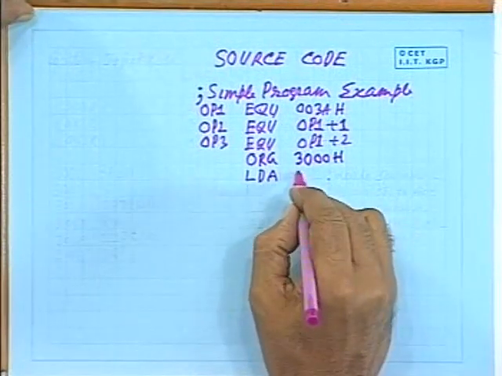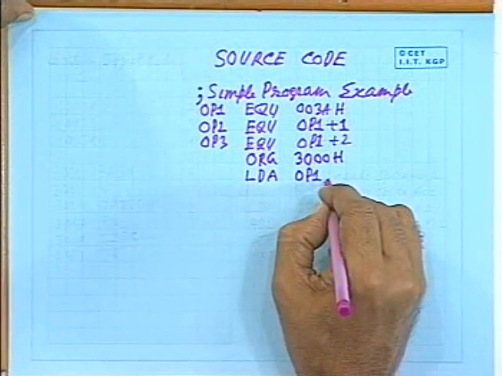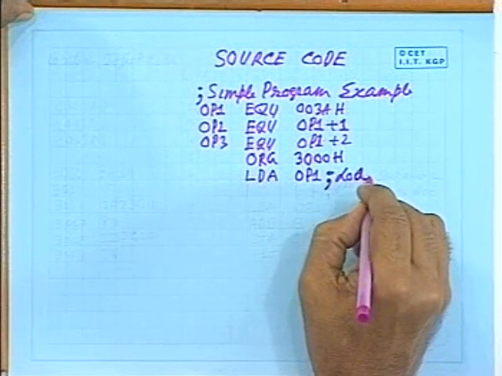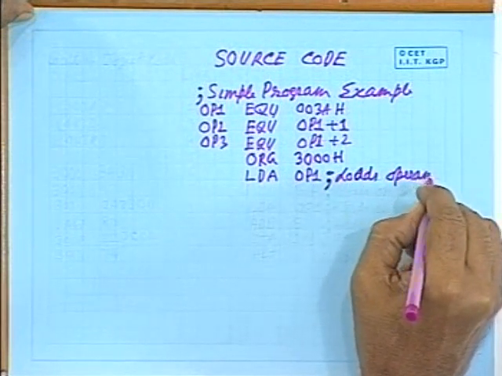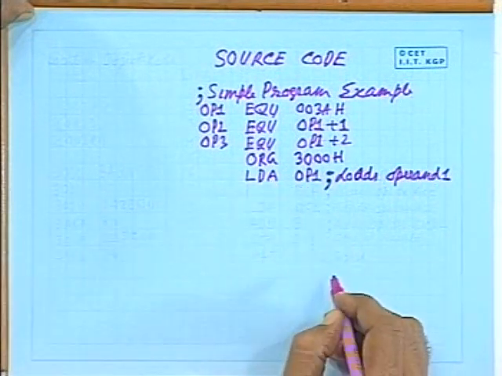Load OP1 from operand address 1, and obviously I shall write some comments. It loads operand 1 in the accumulator.